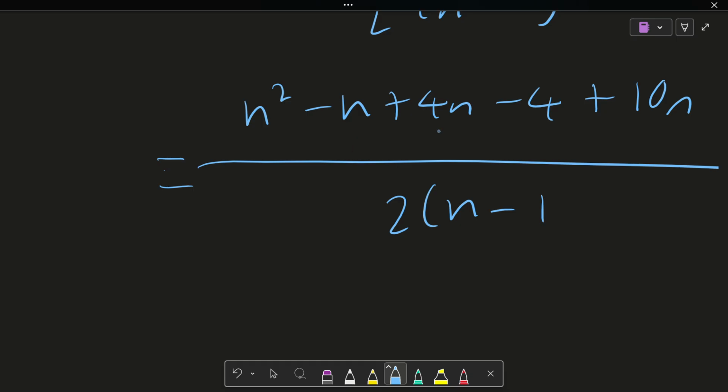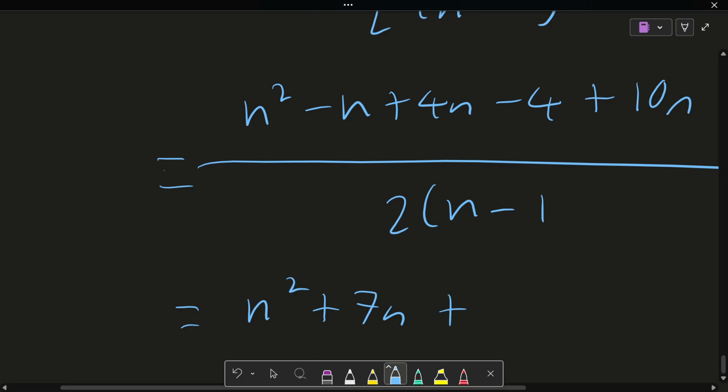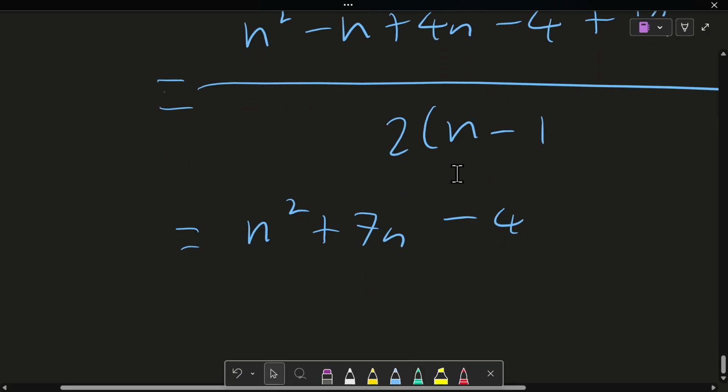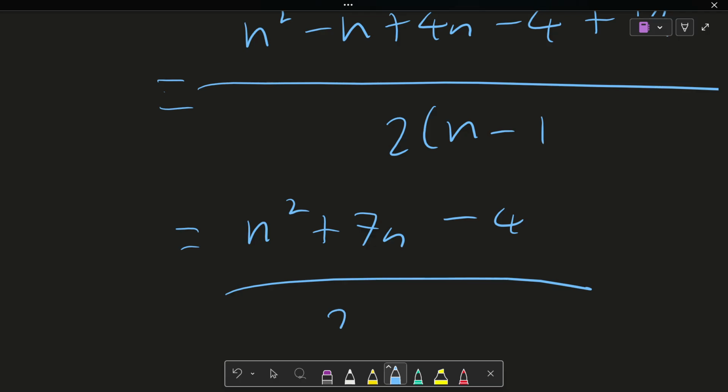So negative n plus 4n is 3n, plus 10n is 13n. So n squared plus 13n minus 4 all over 2n minus 1.